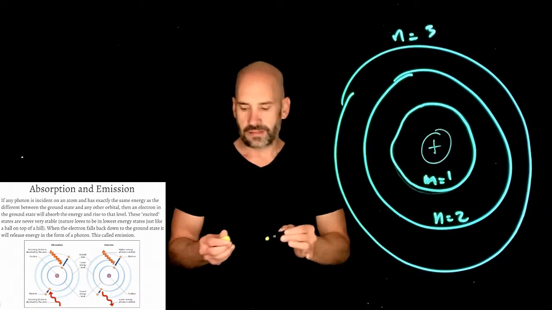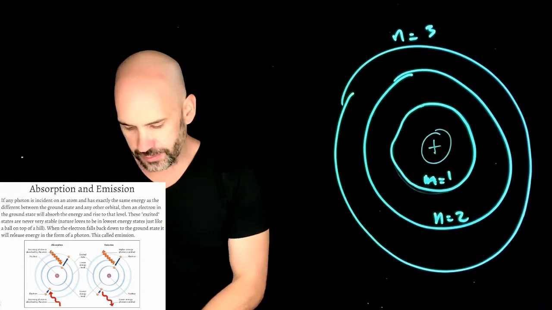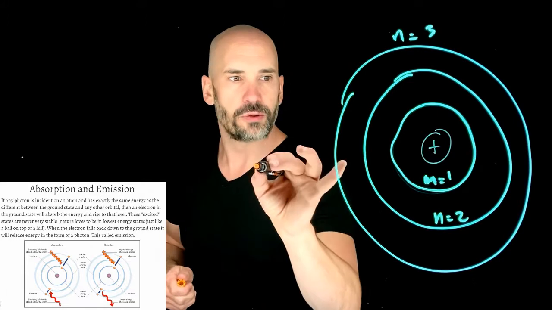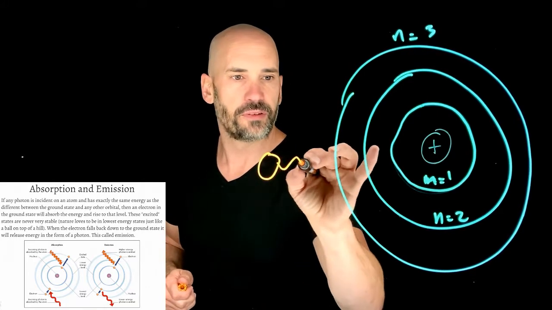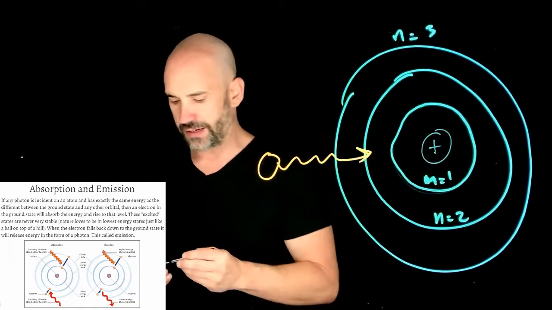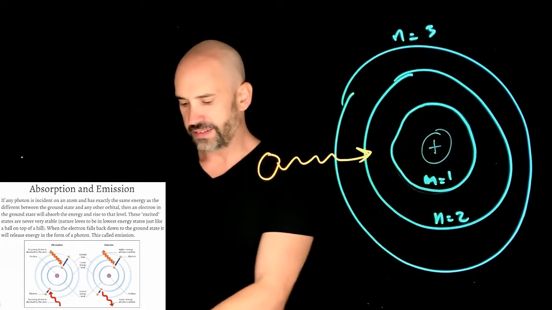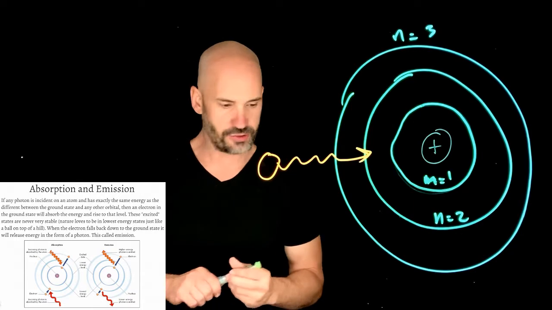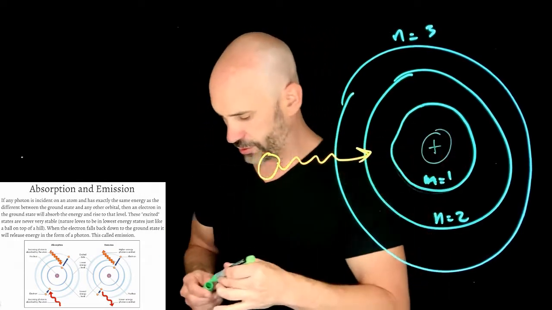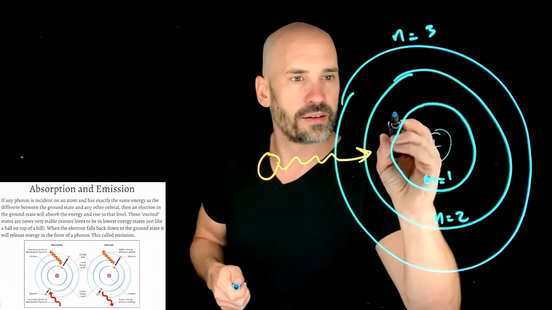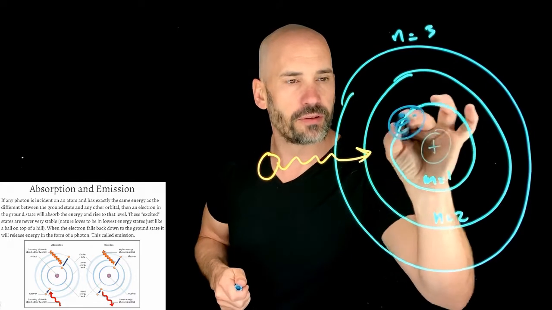And let's suppose that we send some light over here to this atom, a little photon, right? We send a photon, and that photon has a certain amount of energy. And let's say that we have an electron that's doing its little orbital thing right here around.